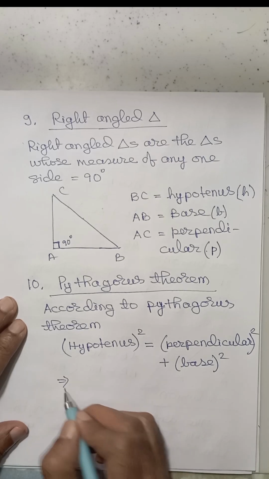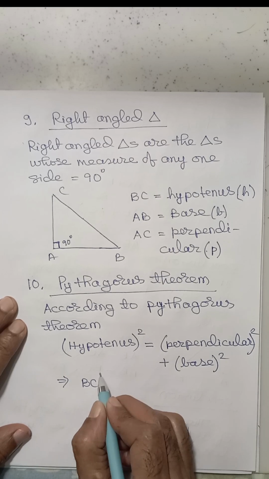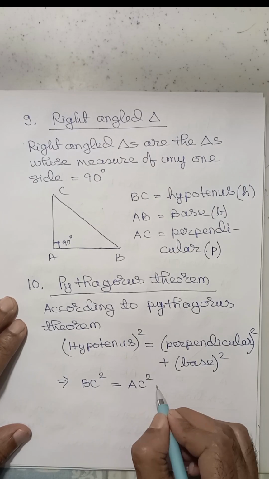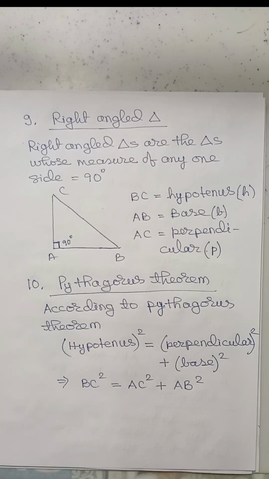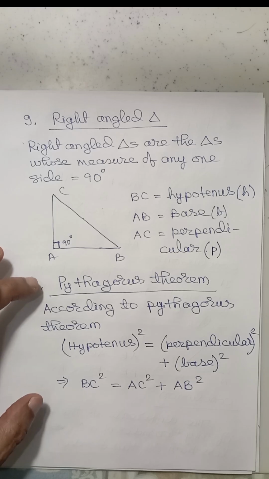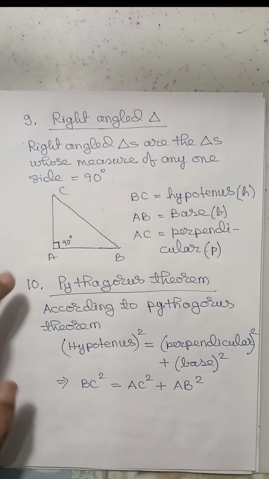This implies BC square will be equal to AC square plus AB square. And this Pythagoras theorem can be proved, but in this video I have explained the formula of the Pythagoras theorem and what is hypotenuse, what is base, and what is perpendicular.